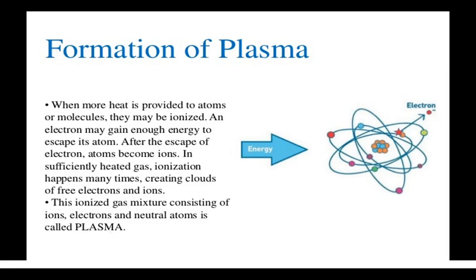This plasma contains mainly positive ions and negative electrons. So how is this plasma formed? On getting energy, electrons are emitted so that the atom becomes ionized. These ionized atoms as well as the expelled electrons together form a gas known as plasma.